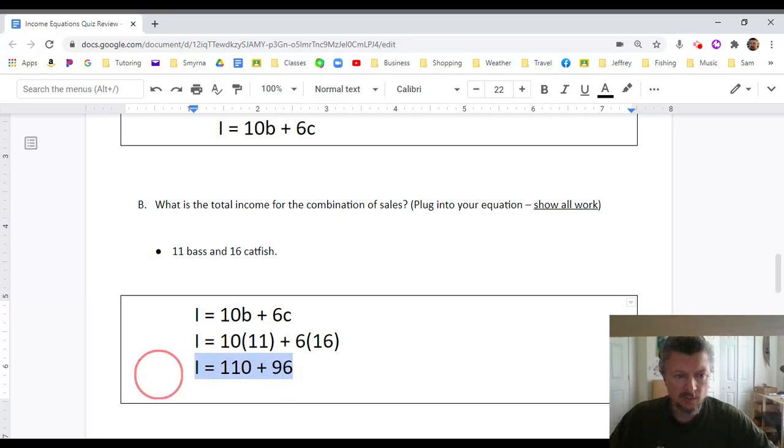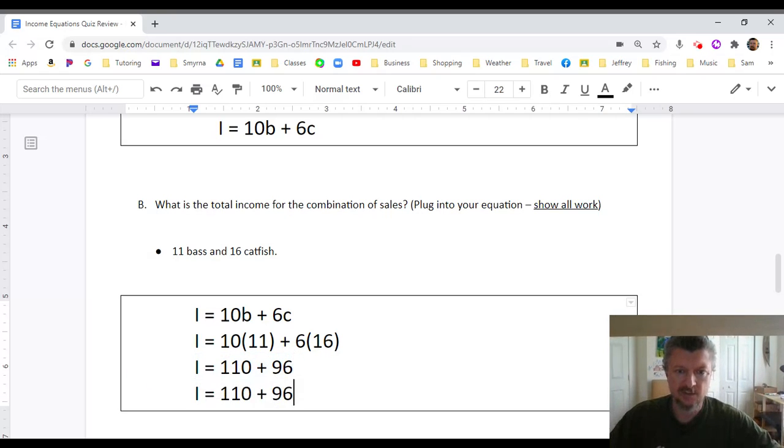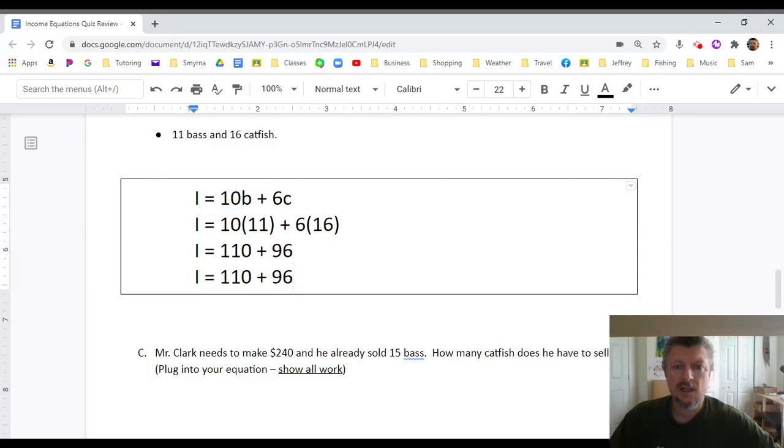Okay, but what's the total income? Add those two together. 110 plus 96 is, looks like 206. $206. Not bad for a day fishing right there.